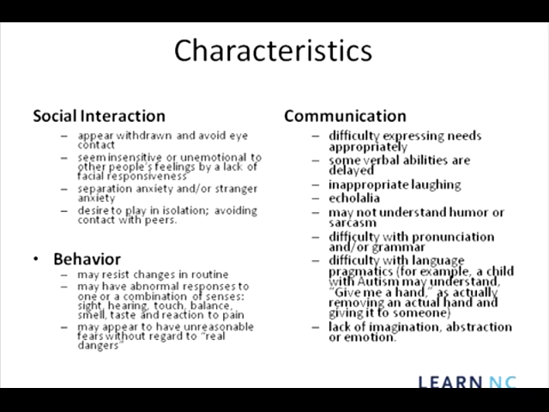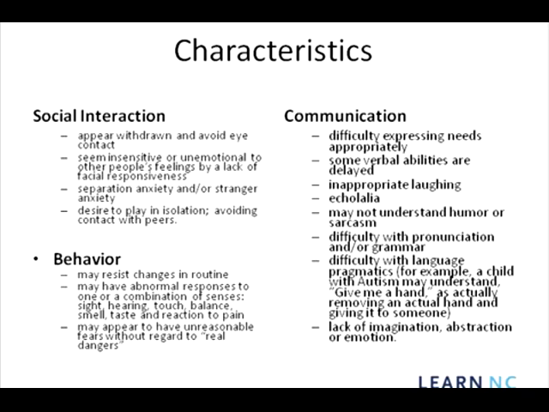Here you see some common characteristics of individuals with autism, and they basically fall under three categories, which are social interaction, behavior, and communication. Social interaction pertains to different characteristics such as the individual appearing to be withdrawn and avoiding eye contact.